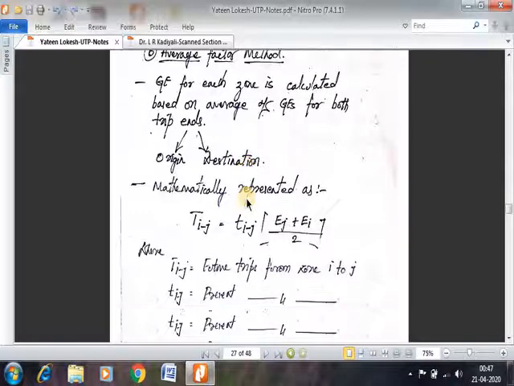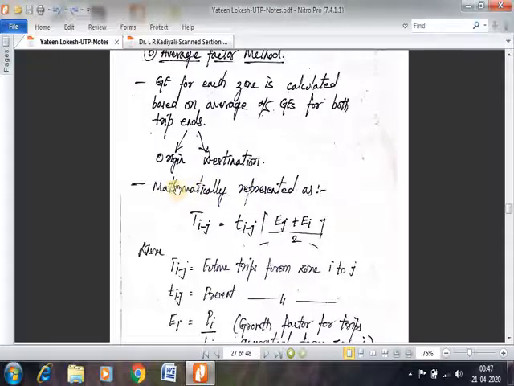Before we start solving the problem, you need to know that mathematically the average factor method is represented as capital Tij. This capital Tij is the future number of trips that are going to take place between i and j, which needs to be found out. So capital Tij is equal to small tij multiplied by (Ei plus Ej) divided by 2.